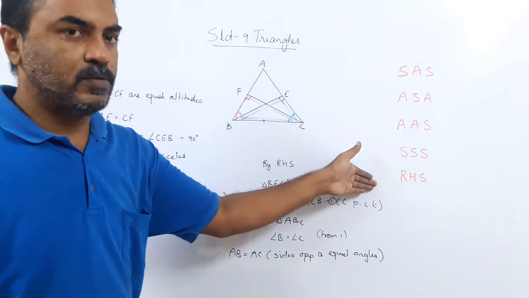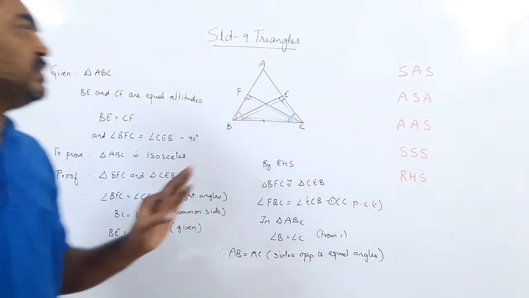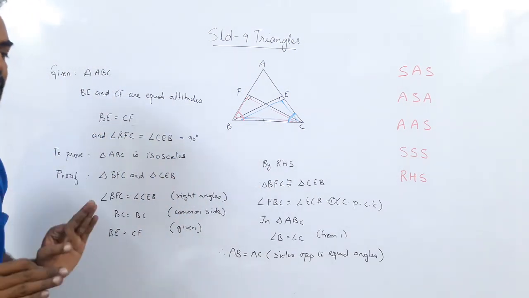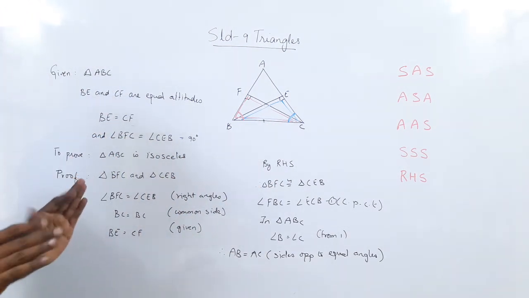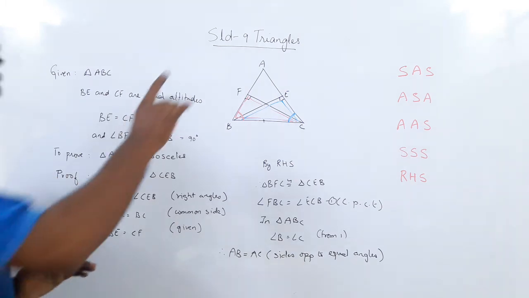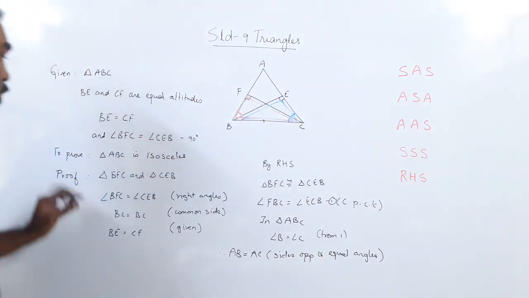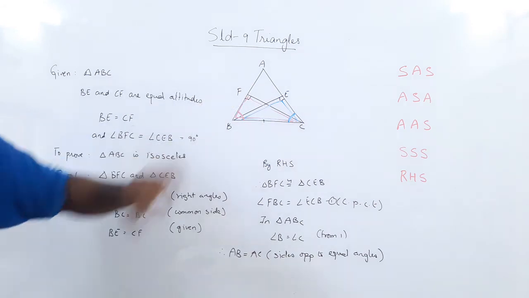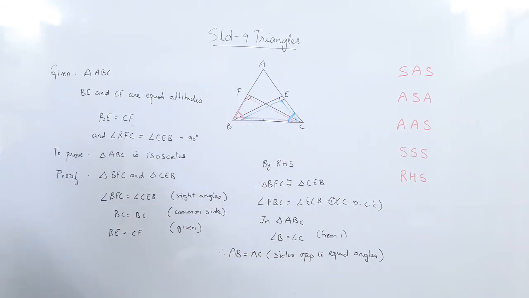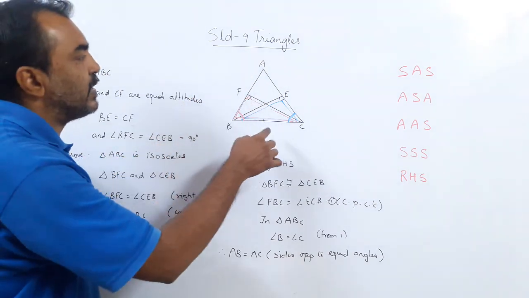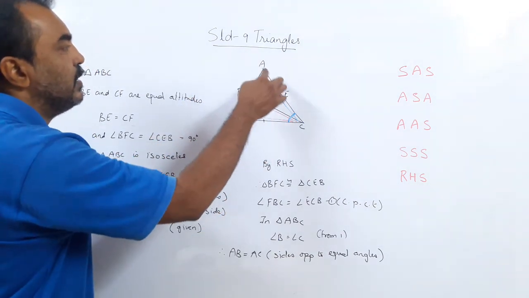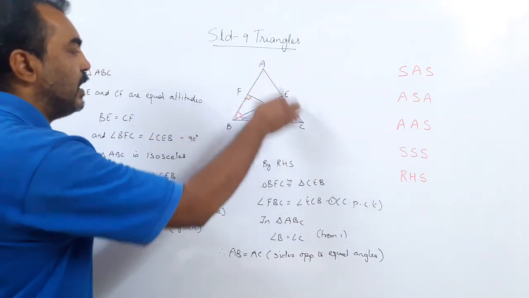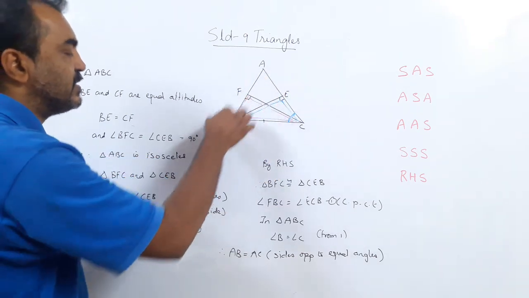How will you prove the triangles are congruent? By these 5 rules. But in every sum, what you have to do at the very start is this: whenever there is a diagram, you will first choose which triangles you are taking. You are going to prove 2 triangles are congruent, but you can look here, there are so many triangles. You have got triangle AEB, triangle AFC, triangle ABC, triangle BEC, triangle CFB.